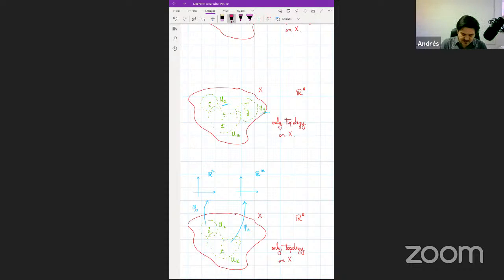So I wrote down phi of X. This is going to be a function defined on this open neighborhood, the one that I drew here.